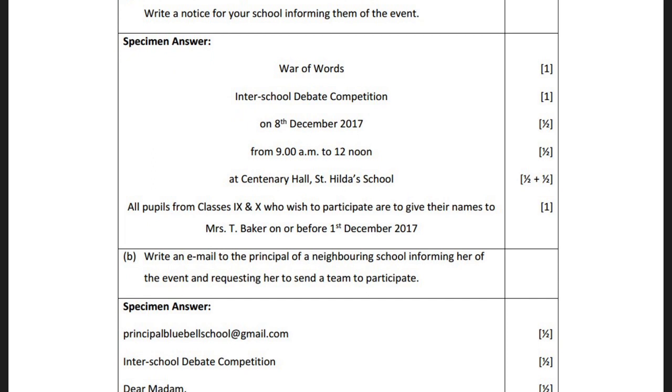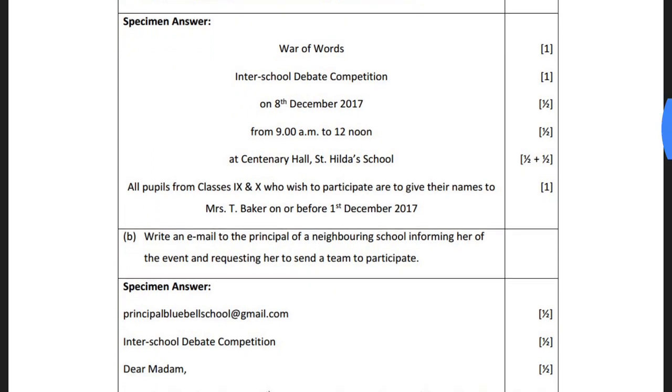So the overall effect of this notice is that everything is centrally aligned, and for writing this body you have another 1 mark. So the total of these marks, if you do, you will find it comes to 5 marks only. So this is the shortest and the best possible way and the most time saving way of writing the notice.